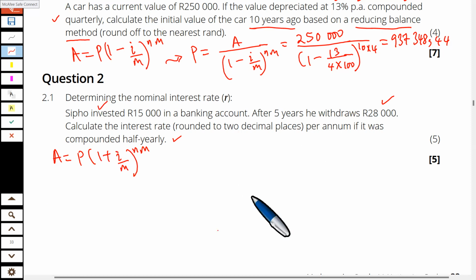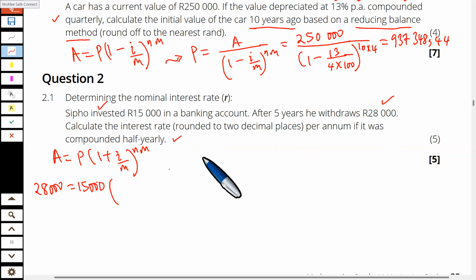So look, Sipho invested 15,000. After 5 years, he withdraws 28,000. He withdraws 28,000, but he invested 15,000. So the present value, whatever you invested right now, is the principal.